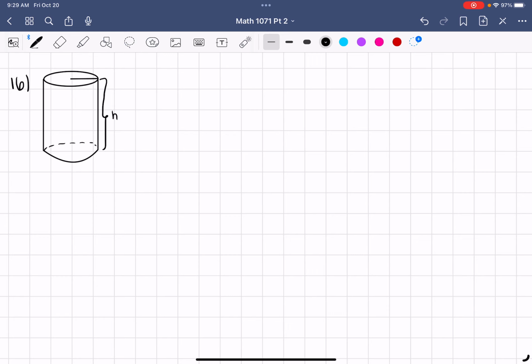Although there is a quick way, it's area of the base times the height. The area of the base is pi r squared, and the height is h. But I wouldn't expect you to know that. I give you the volume formula.